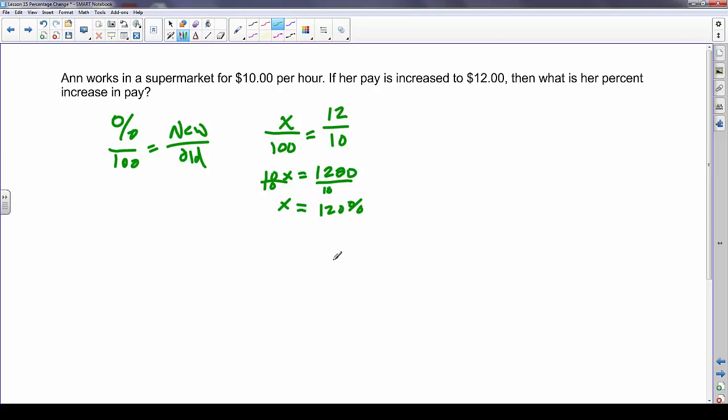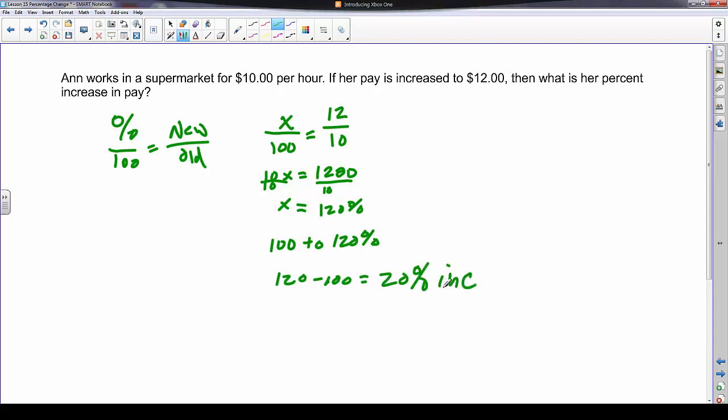Does that mean she went up 120%? Definitely not, because she would have doubled her salary. I went from 100 to 120%. Therefore, that percent change is found by taking the new percentage minus the old percentage, and that gives me a 20% increase. So all these are kind of done in two parts.